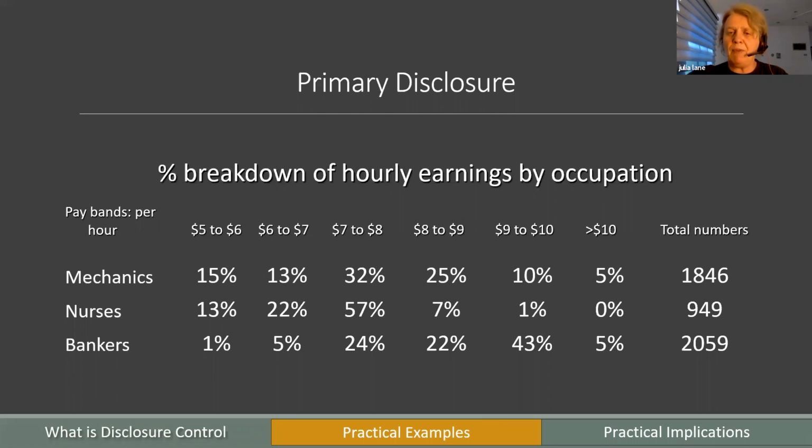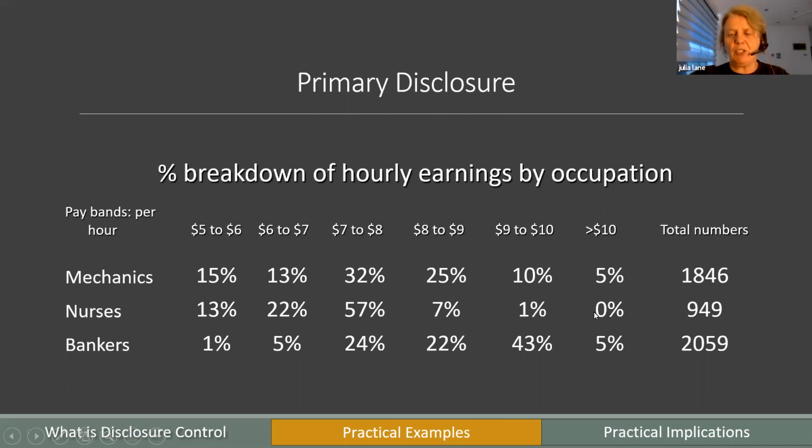That occurs even when you're dealing with percentages. Obviously, in this particular case, when you're looking at the breakdown of hourly earnings by occupation, there's 949 total count of nurses. So 1%, that's 9.5. So we would suppress this cell.